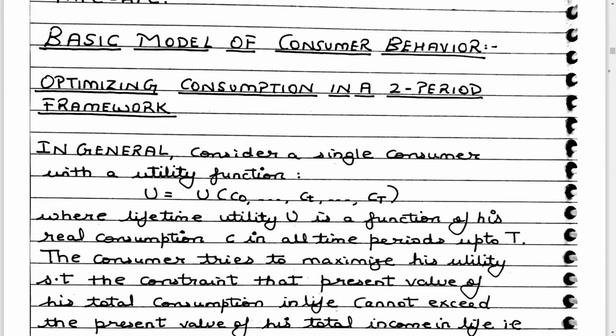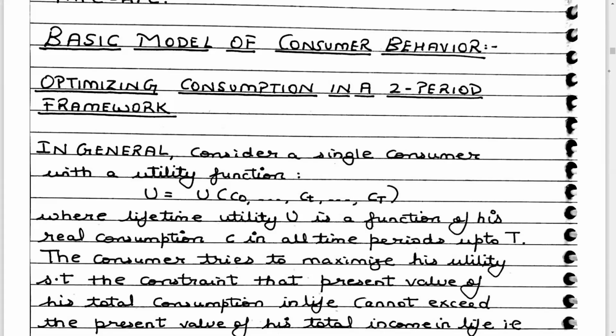And in the short run, MPC is less than APC. We had also discussed the long run consumption function, which was given by Simon Kuznets, who observed that in the long run, average propensity to consume is fairly constant and equal to MPC. Hence, the long run consumption function will be a straight line passing through the origin.